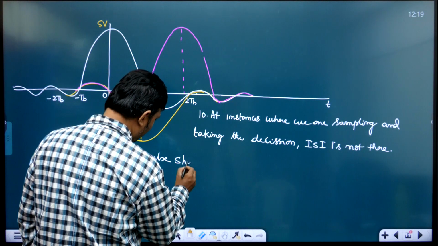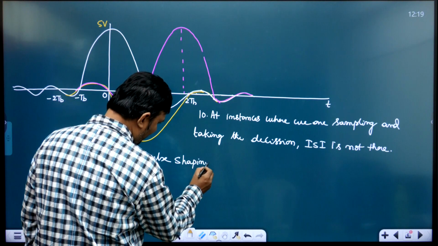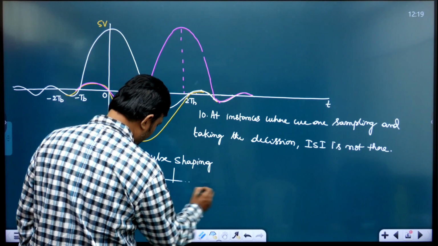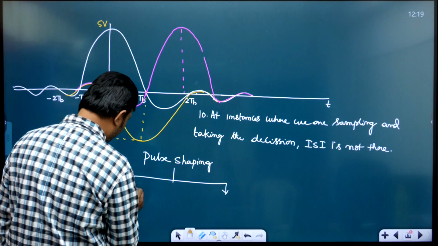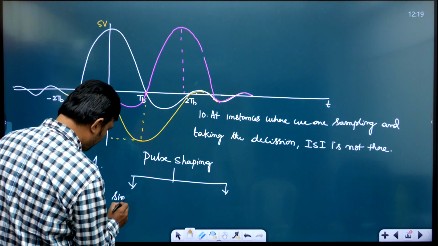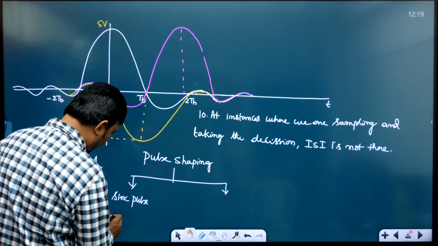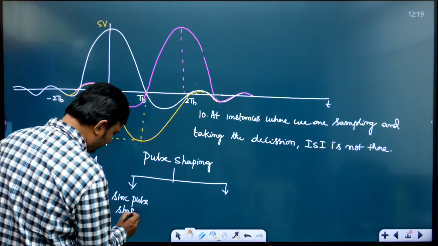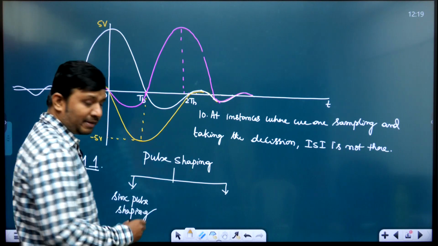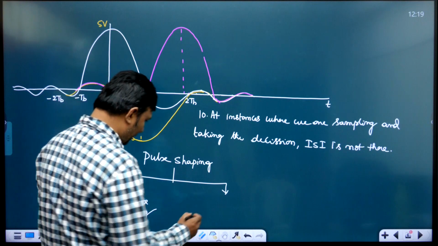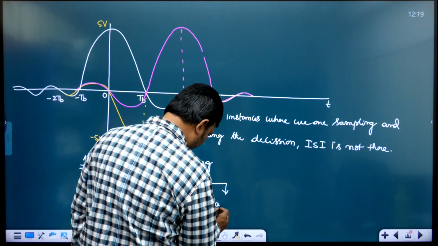So pulse shaping basically is of two types. First one is sync pulse shaping, which we have already discussed, and the next one is raised cosine pulse shaping.